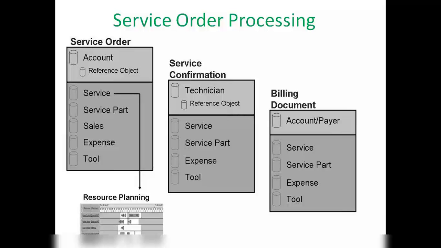Then we can have a service part item. What is a service part item? Maybe to repair that machinery, I may need some sort of accessories, some part of the machinery. Those parts can be something like a filter, or maybe you need to change the oil, or change some other part.